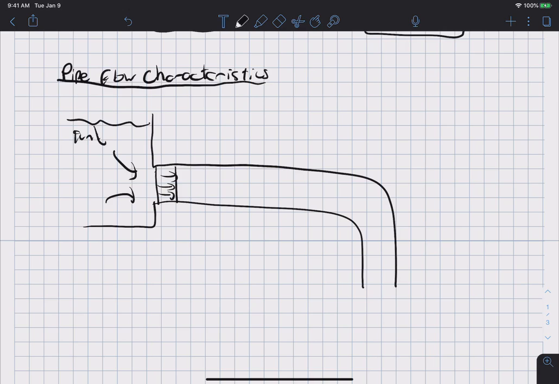But as the flow moves downstream into the pipe, the flow velocity will change, and eventually, if we go far enough downstream, the flow velocity will be essentially constant. Okay, and so this region here, where the velocity profile is changing, is called the entrance region.